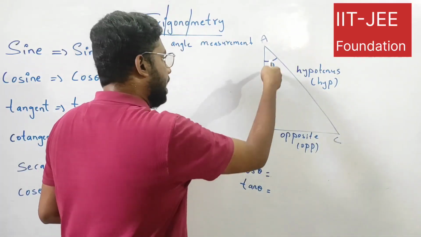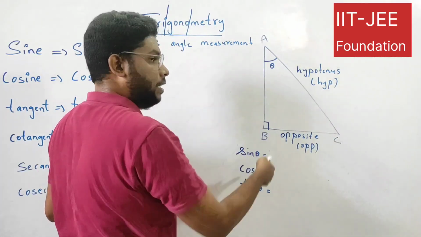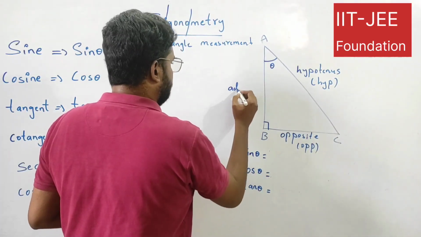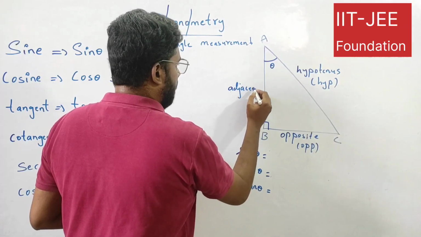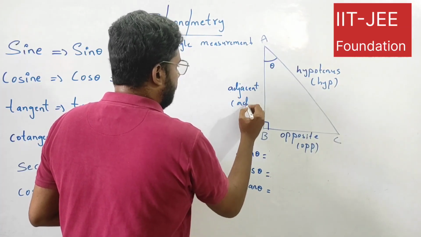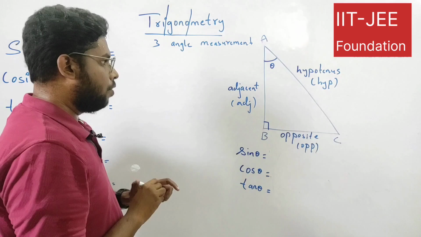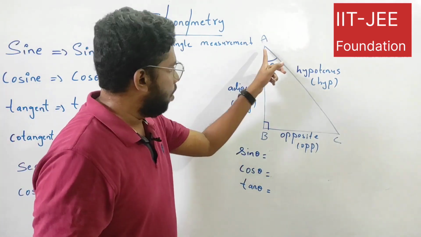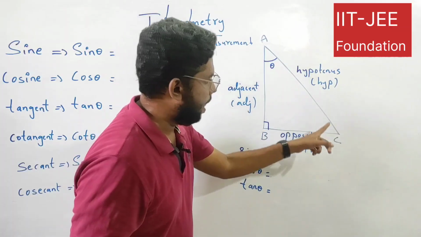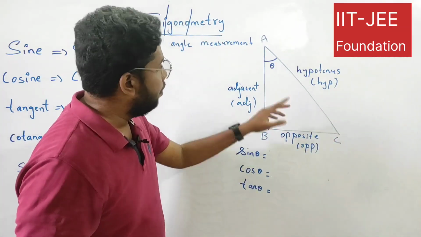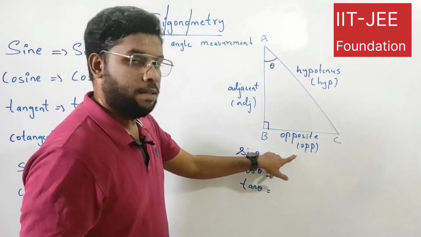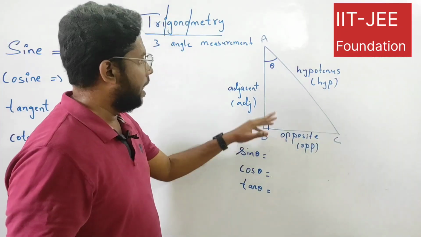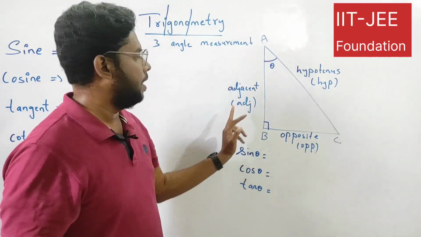Now the side which is adjacent to it is called the adjacent side, we will write as ADJ. So now we must be familiar with these 3 terminologies. The slant line is always considered to be the hypotenuse, the side opposite to the angle is called the opposite side, and the side adjacent to it is called the adjacent side.